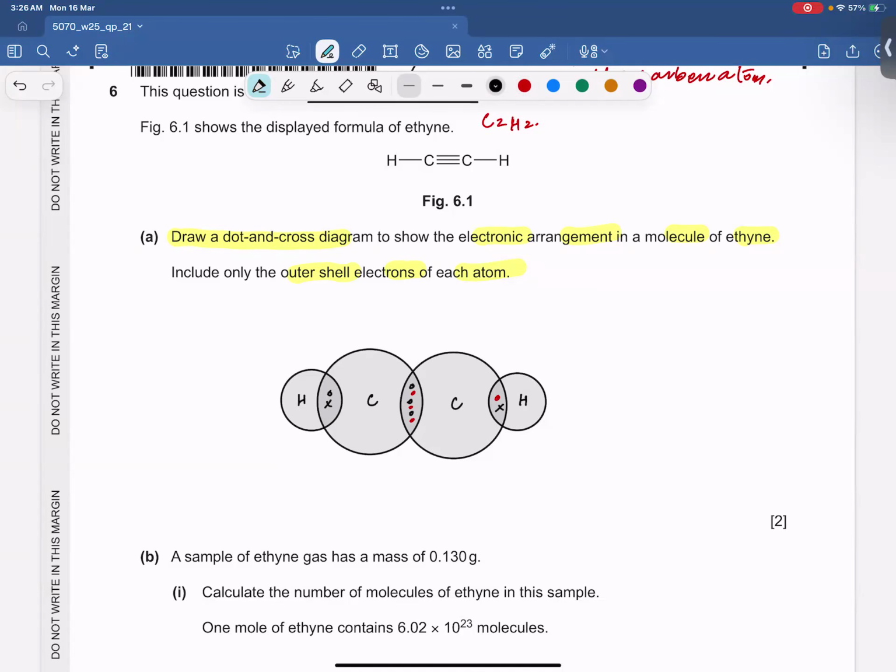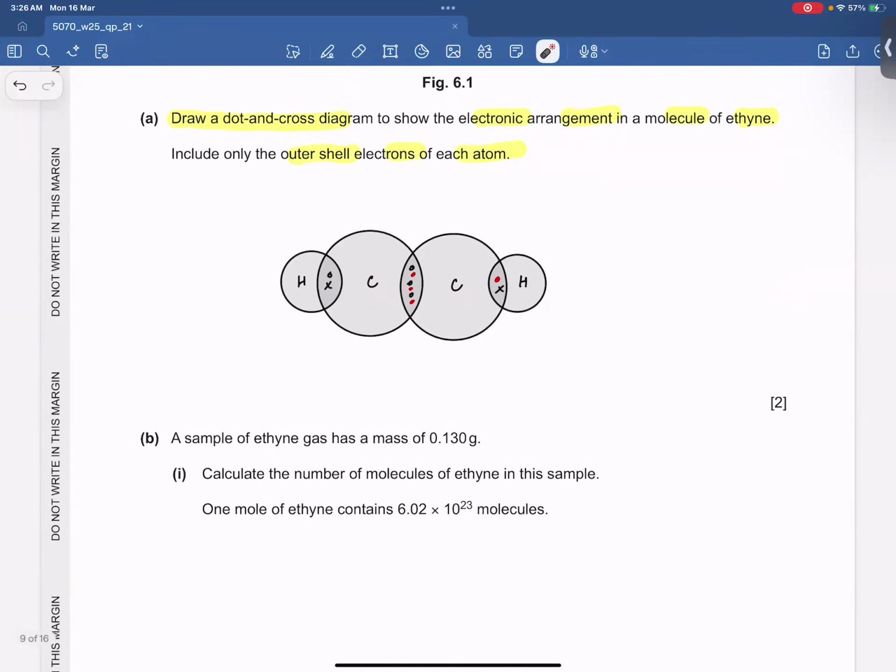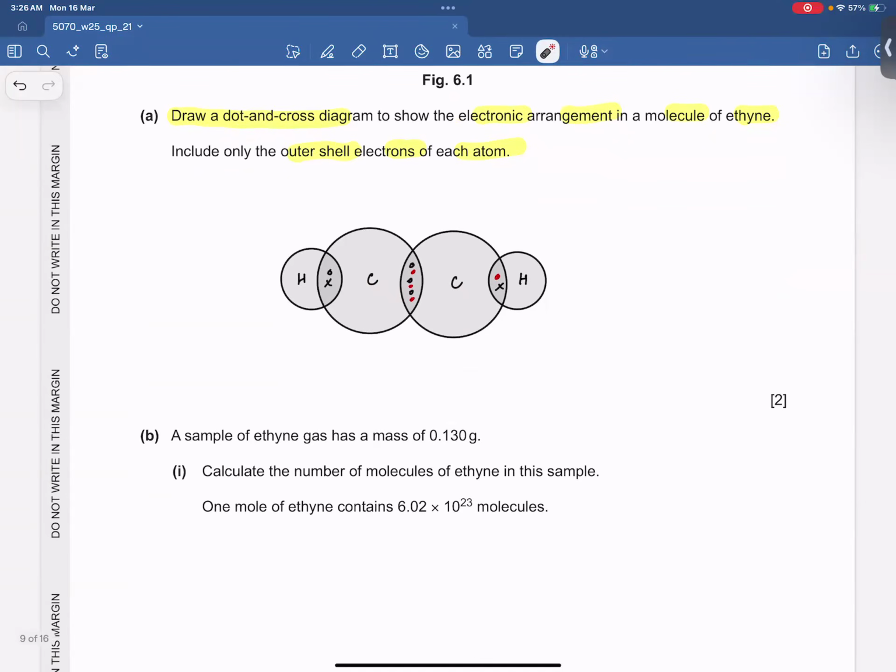Okay. By the way, between the carbon atom, we have triple bond. So according to my lecture, sorry, 3 electrons of each element share together. So 3 electrons from this carbon and 3 electrons from this carbon. Both the elements share 3 electrons with each other, which is why you will get triple bond between the carbon atoms. Okay. I hope it makes sense to you.